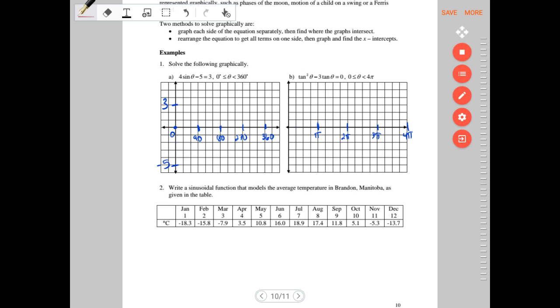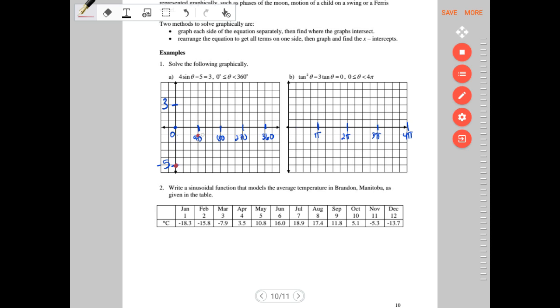Okay, so 4 sine theta minus 5. We have a vertical stretch by a factor of 4, so that means our amplitude is now 4 instead of 1, and a vertical translation of 5 units down. So that means it will start here, and it will hit its maximum here, because the amplitude is 4, so up 4.